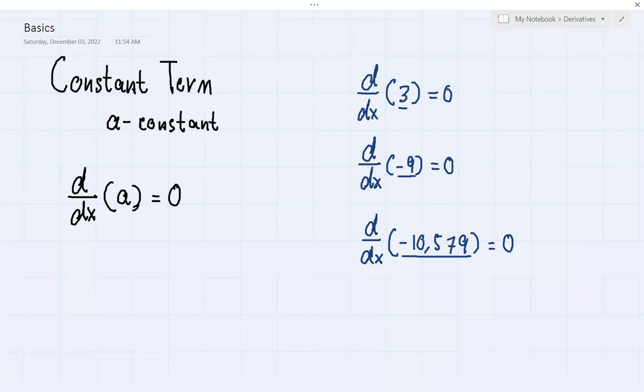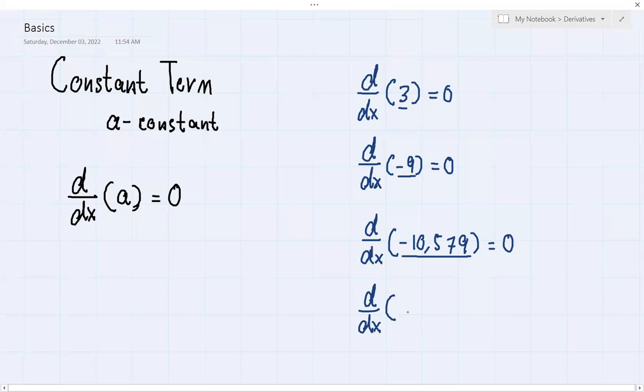Wala siyang kapartner ng x. Wala siyang kapartner ng variable. Basta number lang siya. Okay? It exists as a constant term. So, anong derivative nito? It is 0. So, meaning, no matter how big they are, the derivative of it is 0. Ganun yun.